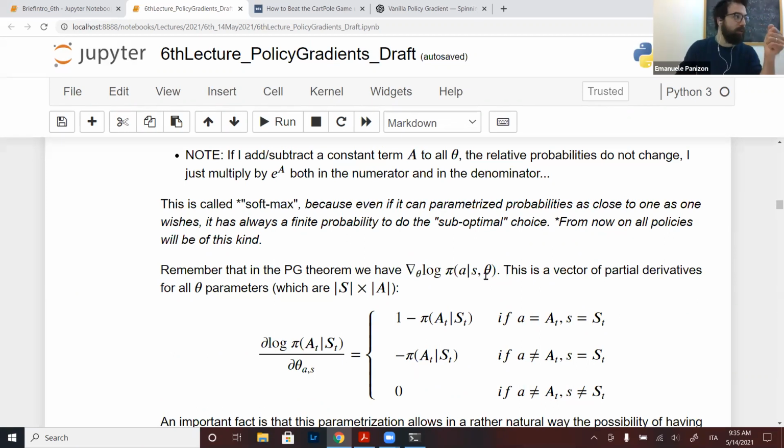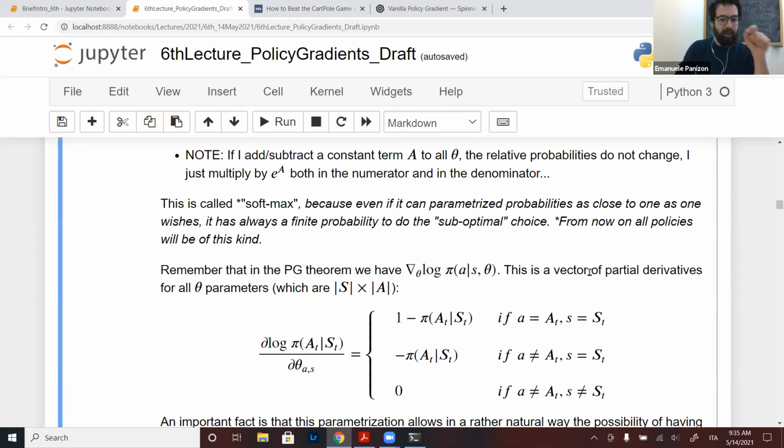We want to show you that this is extremely simple to calculate explicitly for this softmax policy. So nabla theta is a vector of partial derivatives, a vector because for each term I have the partial derivative with respect to one parameter, and I have many parameters for each state and action.